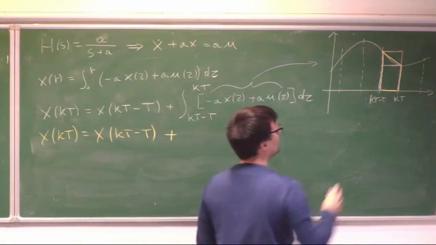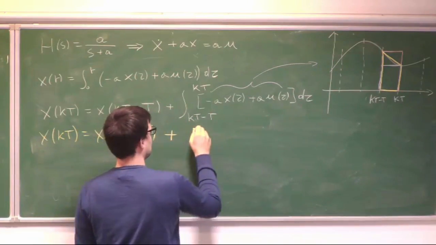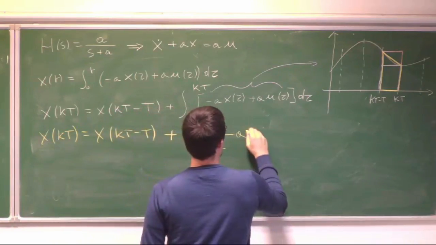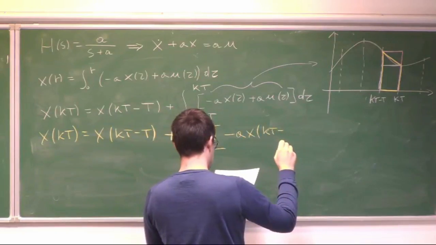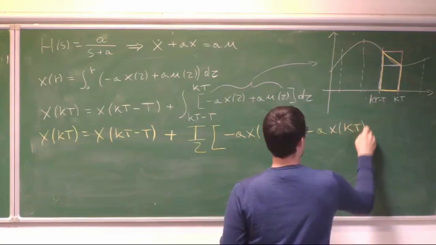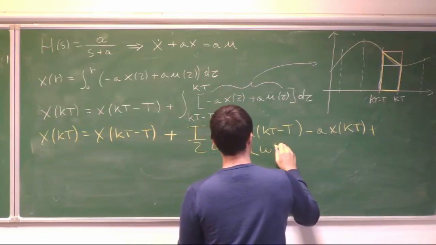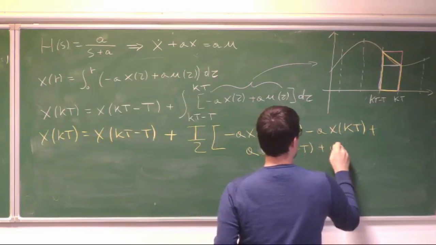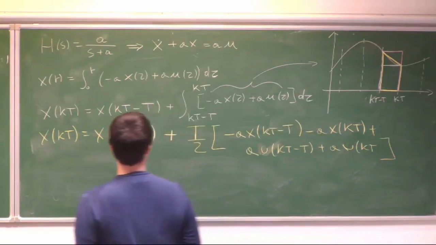Now we want to compute the area under that trapezoid, so the area of that trapezoid is T over 2, and then we have minus ax(kT minus T), minus ax(kT), and then we have plus au(kT minus T) plus au(kT). Okay? So we obtain this expression.